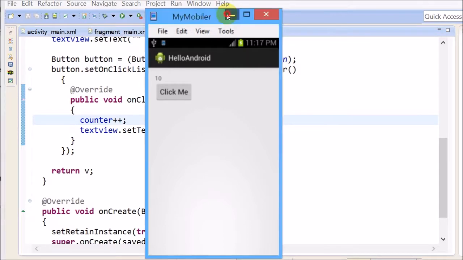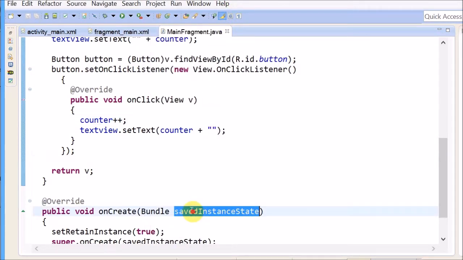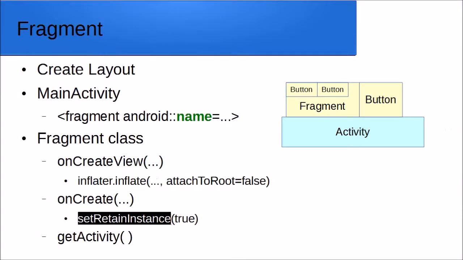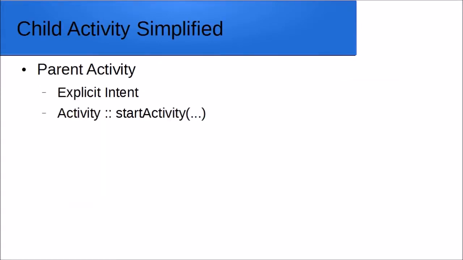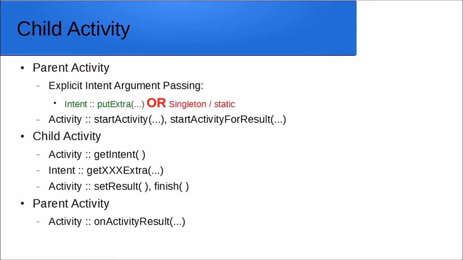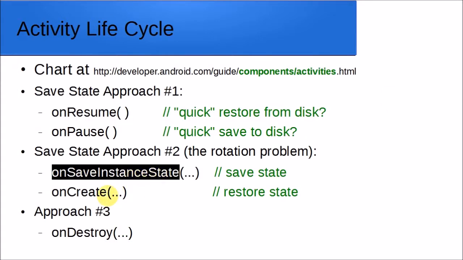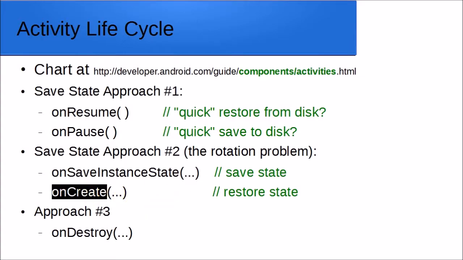So just to remind everyone once again that you could still use that older approach. And actually in the dialog boxes, that's the preferred way to do it, right? You can still use the approach where you save things inside onSaveInstanceState, and then you restore things inside onCreate.